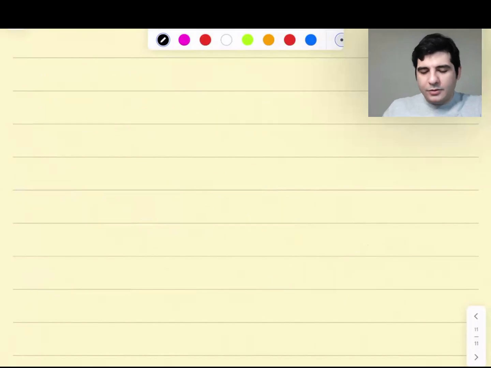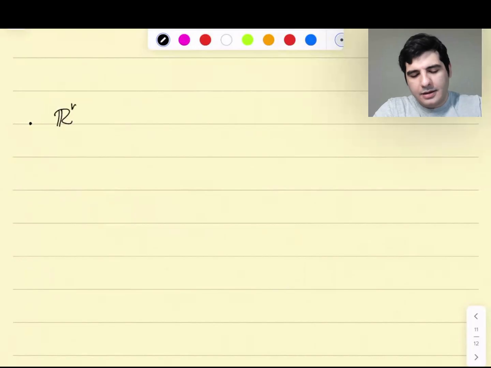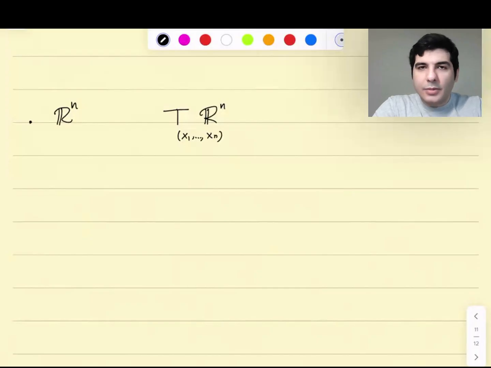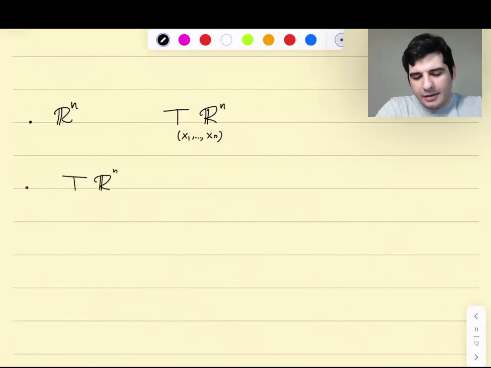Now, going back to our tangent space, for any point x1 to xn we define the tangent space of Rn centered at x1 up to xn. We can think about the dual space of this space. It's denoted by T of Rn at x1 up to xn, star.